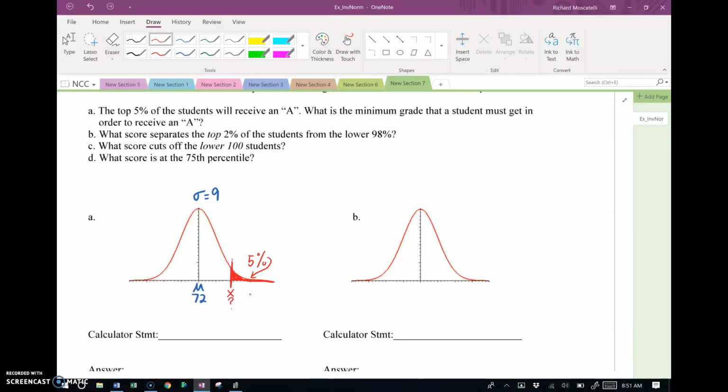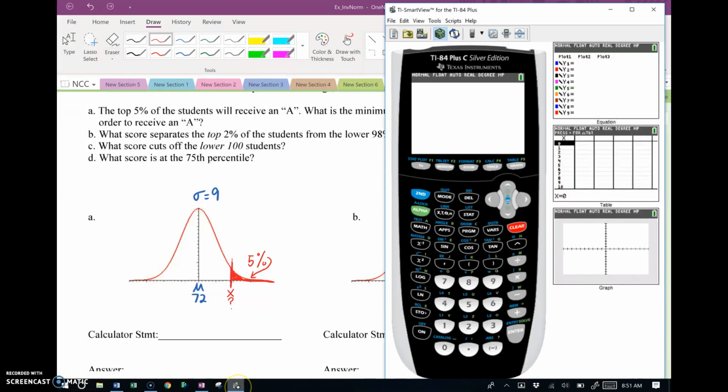All right, so in your calculator, remember, second vars. I showed you in an earlier video how to use the normal CDF operation. This is the inverse normal scenario, number 3. So I'm going to select option 3, inv norm. Now, I have the new calculator, so it prompts you for the area, the mean, and the standard deviation.